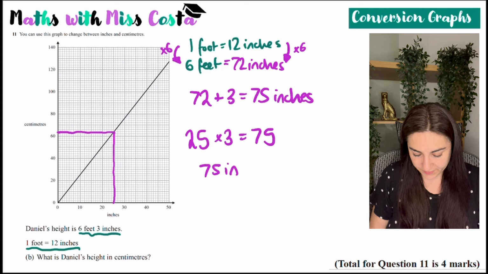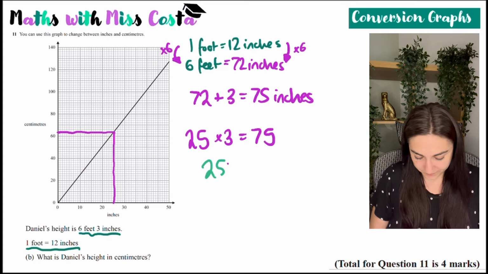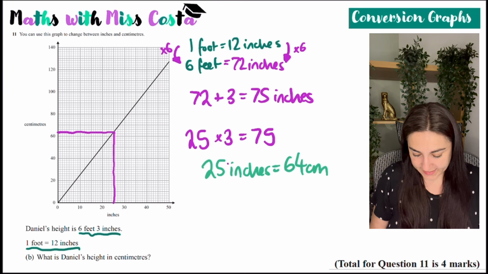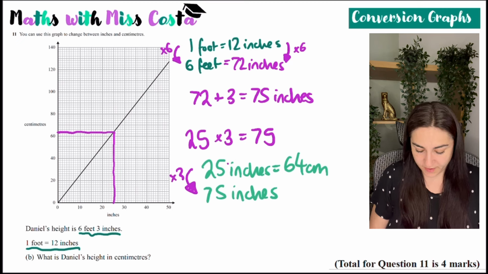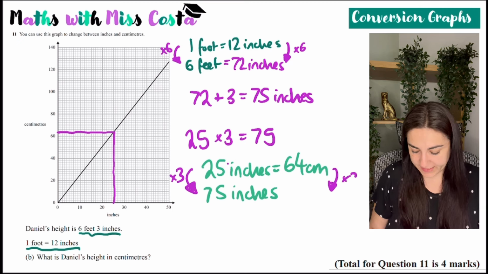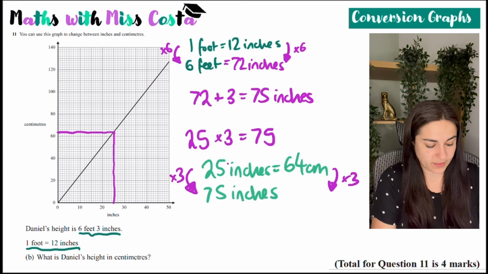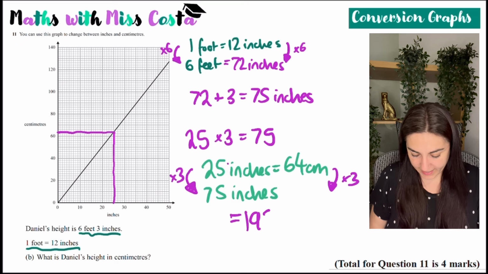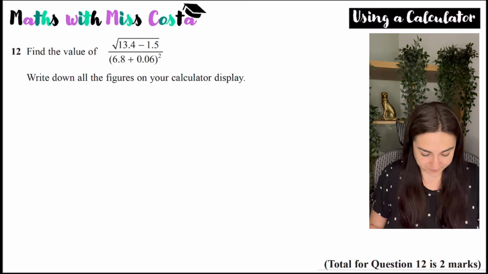So 25 inches is 64 centimetres. So therefore 75 inches, what do I multiply 25 by to get to 75? I times it by 3, so I'd have to times this by 3 as well. And 64 times 3 gives me 192 centimetres. So that's how I do that.